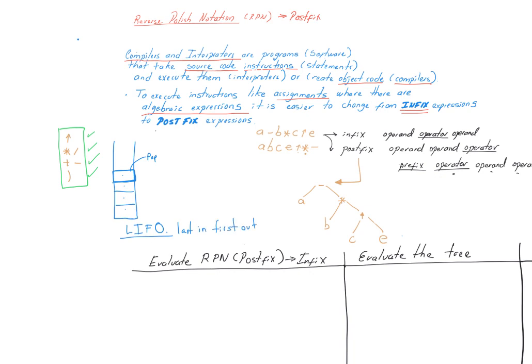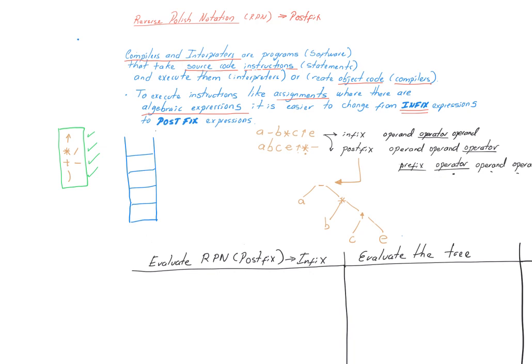All right? And having that in mind, we know how the stack works, so we can create a stack for this operation. Let's say that I have this stack. It's empty right now.